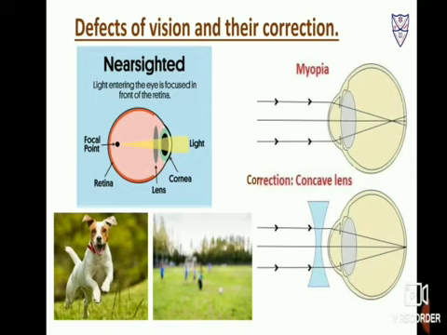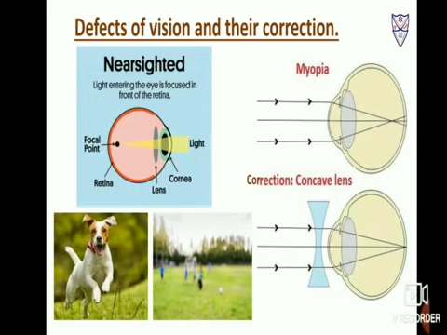Distinctly means clearly. A person suffering from myopia can see nearby objects but cannot see distant or far off objects. That type of defect in the eye we call myopia or nearsightedness.